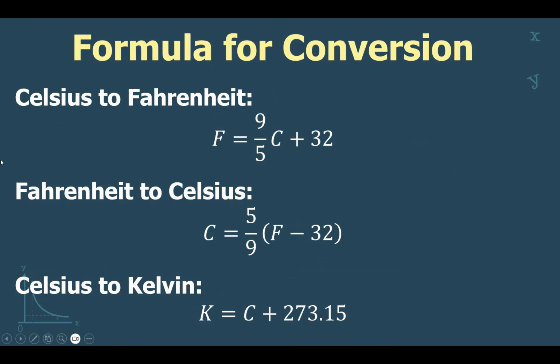If we want to convert Celsius to Fahrenheit, we use F = 9/5 C + 32. For Fahrenheit naman po, converting it to Celsius, we will use the formula C = 5/9 × (F − 32). Now for the Kelvin, we use K = C + 273.15.